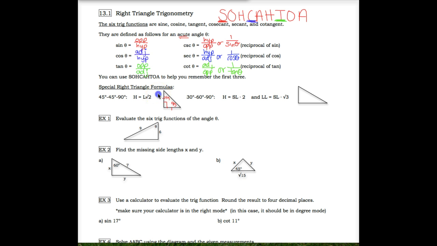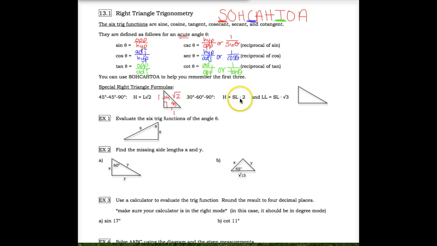So whatever the legs are, let's say if the legs are 1, then your hypotenuse is radical 2 times that, which is what our formula says. So this one I've got 1, 1, radical 2. But if this was 3, 3, this would be 3 radical 2. So the hypotenuse is equal to the leg times radical 2.